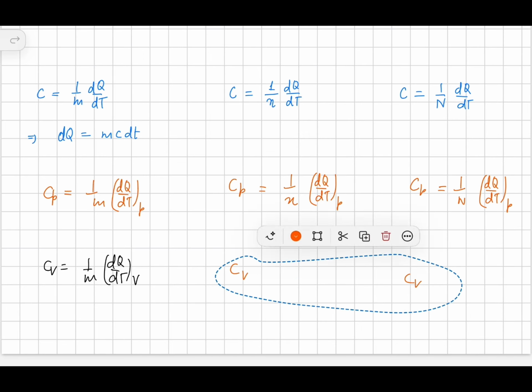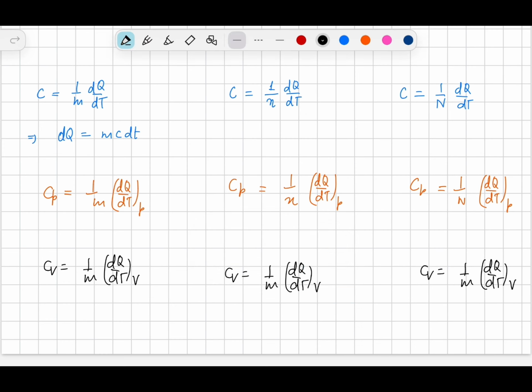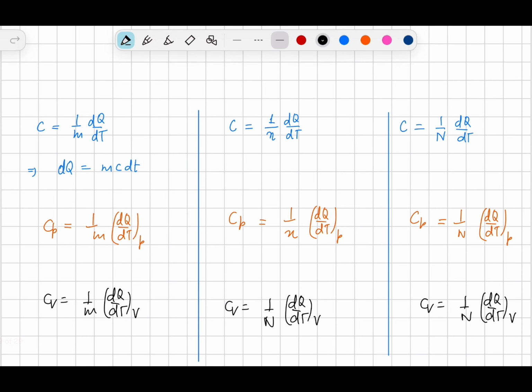Same thing, you can paste it here, but just the specification of the amount will change, now it is the number of particles. So this is how it is done. This confuses people a lot, because sometimes one thing is given, sometimes another. So this is specific heat, just called specific heat. This is called molar specific heat, and this is molecular specific heat. Fine, now I think this confusion is clear.